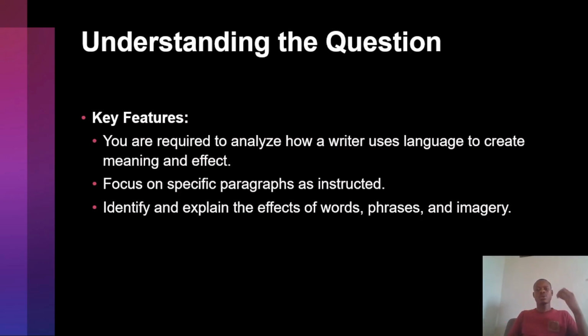Then you'll be asked to focus on specific paragraphs as instructed. You must follow the prompt, very, very important. Then you should identify and explain the effects of words, phrases, and imagery.